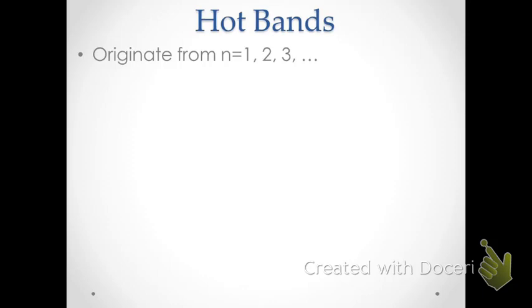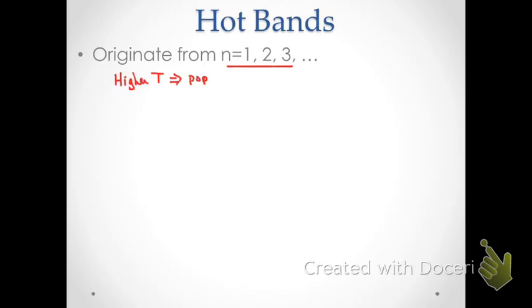Okay, so we talked about in the previous slide where we looked at an infrared spectrum and we saw the 0 to 1, the 1 to 2, the 2 to 3 transitions. We talked about those showing up. We will note that those transitions that originate from levels above n equals 0, that is the n equal 1, 2, 3, etc., those transitions that originate from those levels are referred to as hot bands.